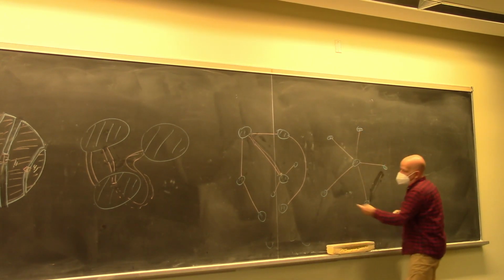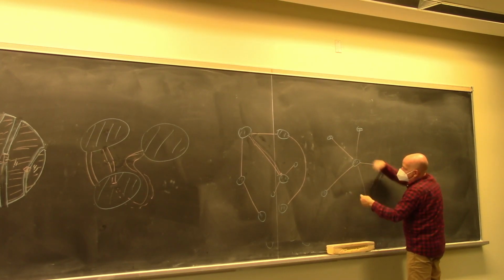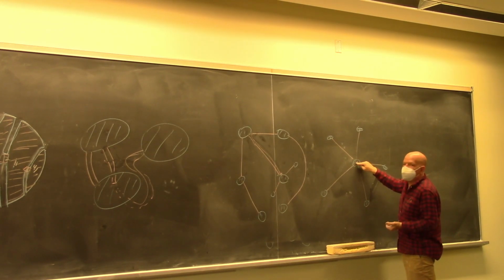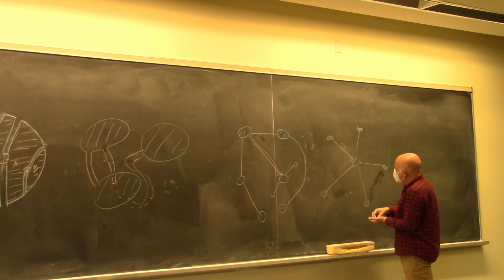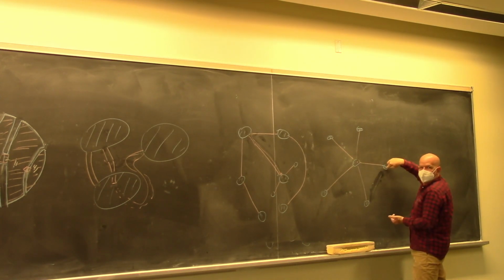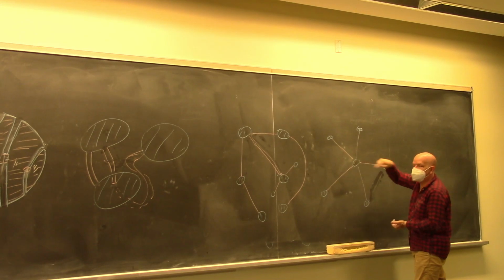The disks are as they were, and the ribbons passively go through these disks. Also, you can empty the hub. If you have any red line passing through this hub, you can slide it out using one of the spokes. So you may as well assume that the hub is empty.